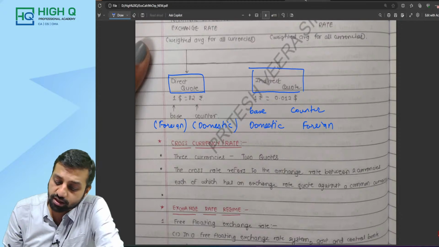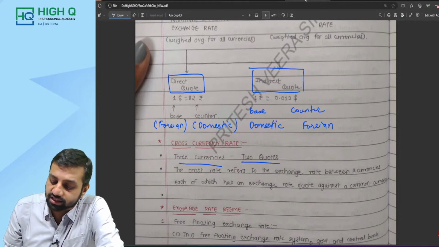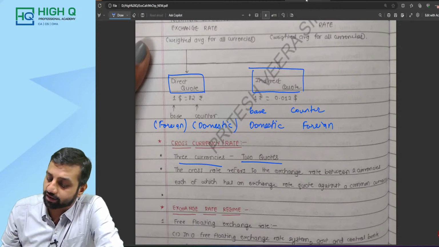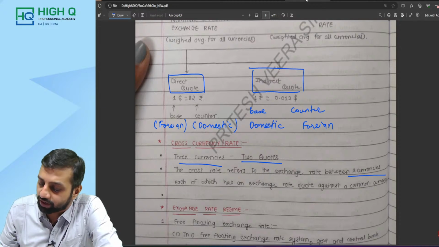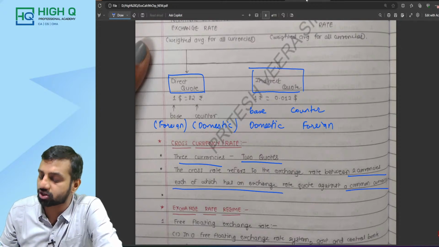Then there is cross currency rate. There are 3 currencies and 2 quotes. So the cross rate refers to the exchange rate between 2 currencies, each of which has an exchange rate quote against a common currency.